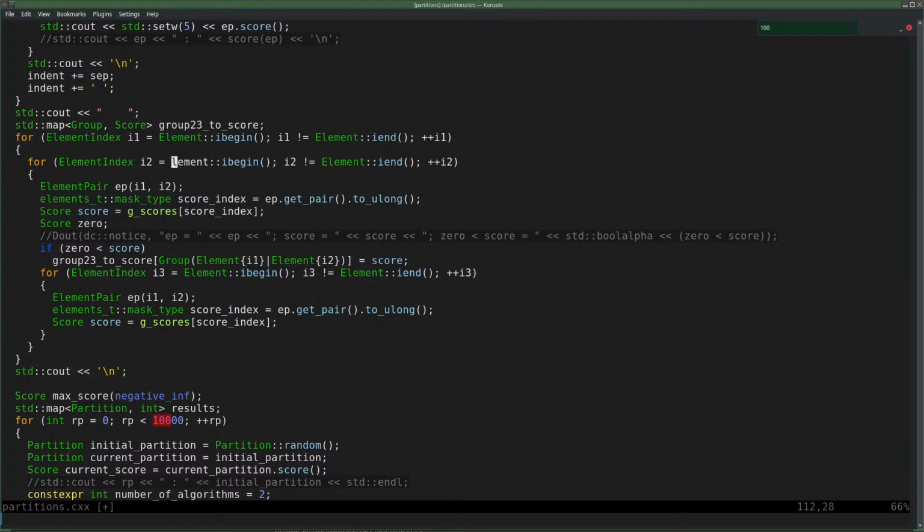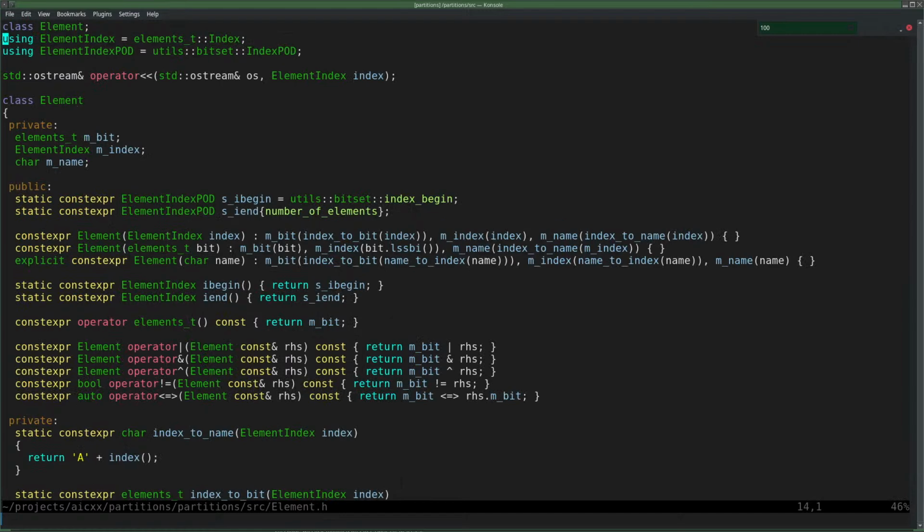I want to begin at the... ordering of the elements is not important. So I want to begin at I1 plus 1, which is... not sure that's possible, but element index is a bit set index. That probably works then.